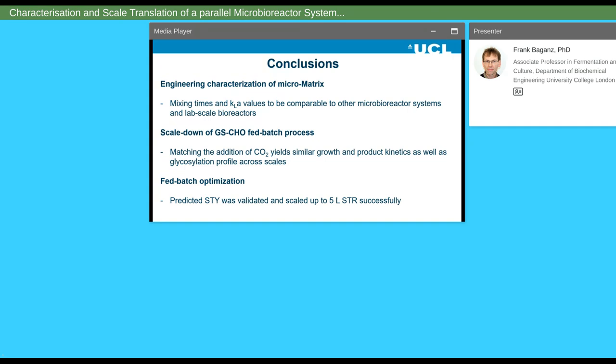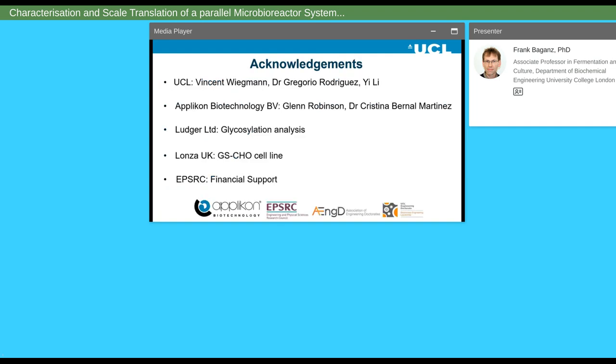The results demonstrate the potential of the micromatrix system, a scaled-down model for fed batch cell culture processes and its application for process optimization.